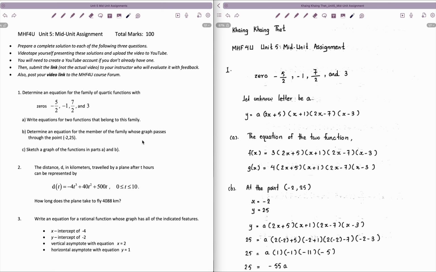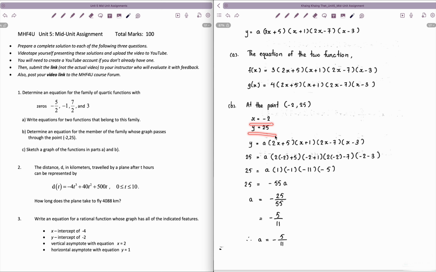Next question: determine an equation for the member of the family whose graph passes through the point (-2, 25). At this point, x is negative 2 and y is 25.